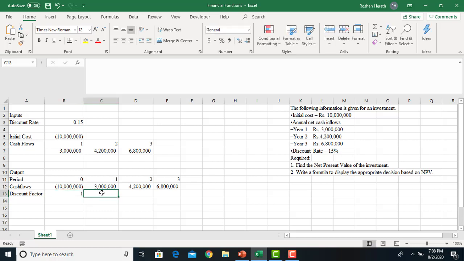In year 1, that must be 1 divided by 1 plus the discount rate.